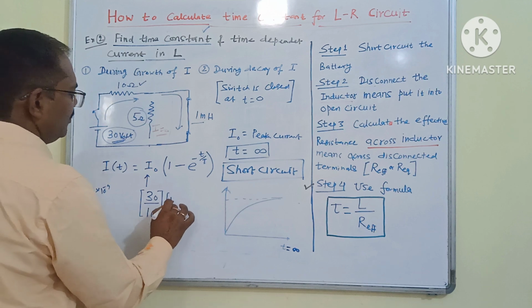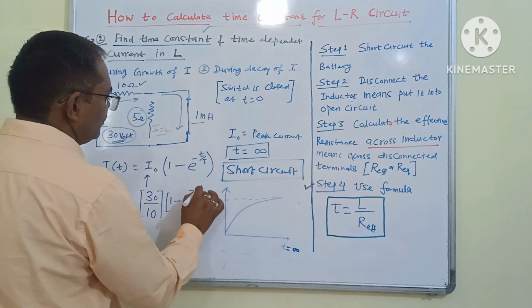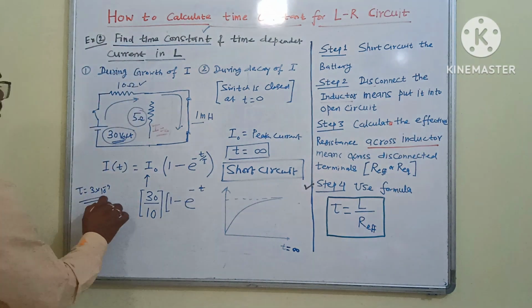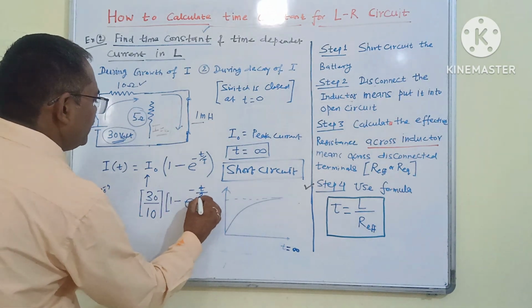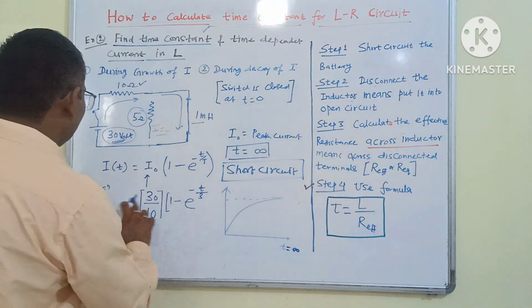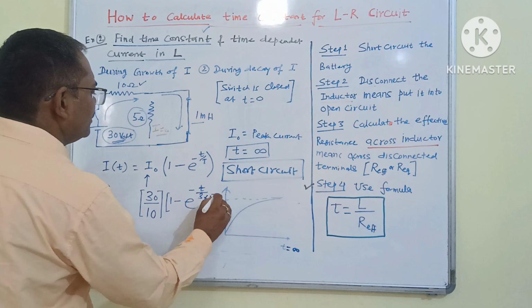Further, you can write 1 minus e raised to the power minus t over tau, and tau is this. So you can write t by 3 here, and this factor will go up.